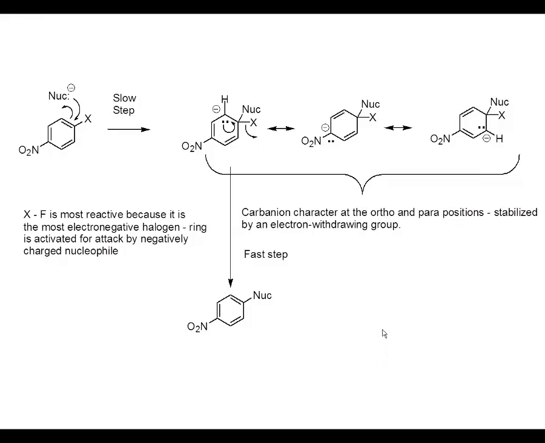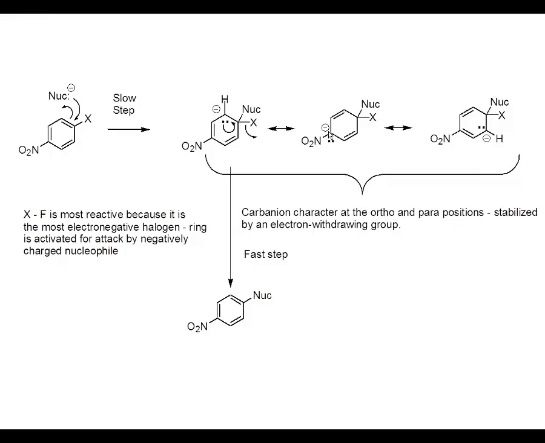Okay, so here's the proposed mechanism for nucleophilic aromatic substitution. What happens here is that we add the nucleophile to the ring and we get an anionic ring, and we can write resonance structures like we did before, switching the position of the double bond and the negative charge, just like we did with carbocations in electrophilic aromatic substitution. And we find that the negative charge is delocalized ortho and para to our halogen.